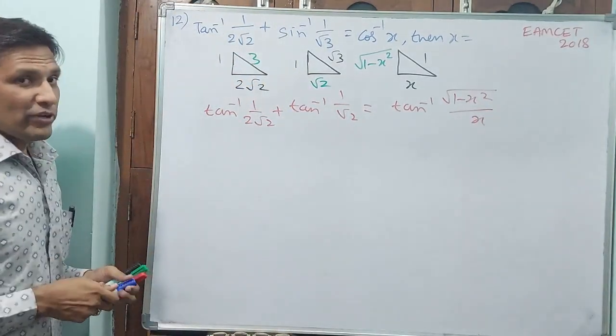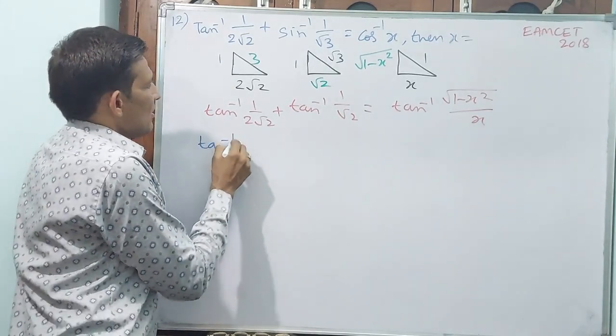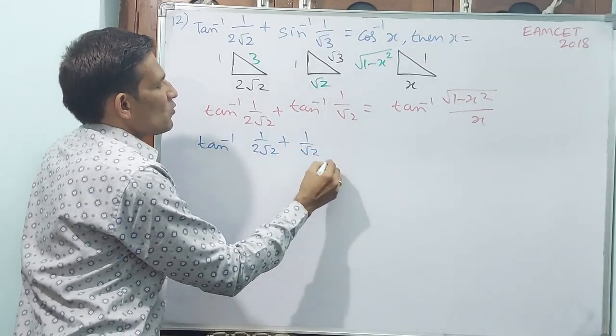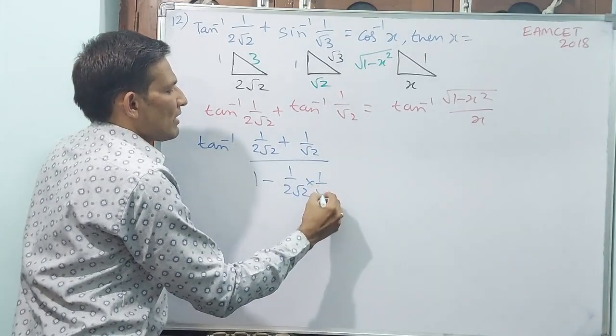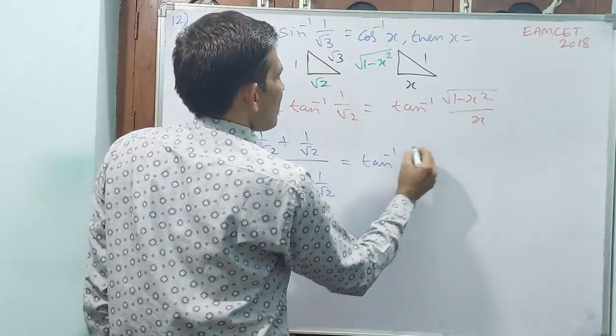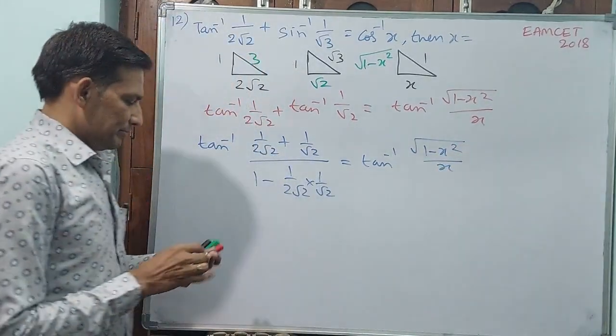Then you can get the x value. See here, tan inverse of 1 by 2 root 2 plus 1 by root 2, divided by 1 minus 1 by 2 root 2 into 1 by root 2, that is equal to tan inverse of 1 minus x square under root by x.